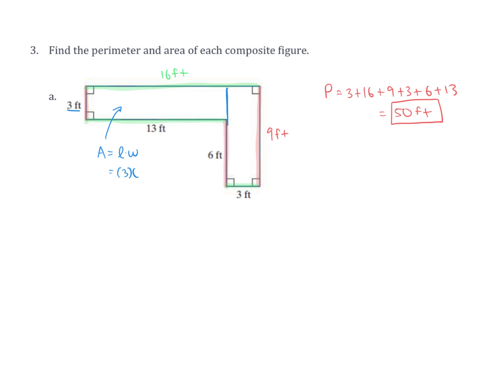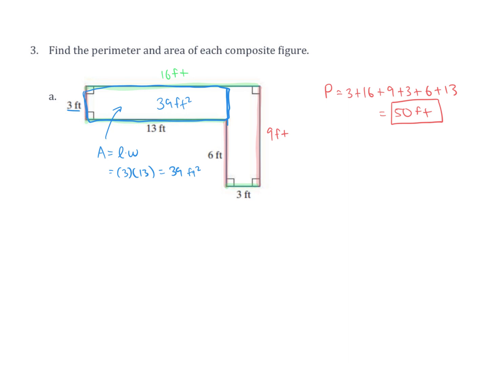Which of those is actually the length of the rectangle? I'm going to choose the 13, the shorter one, because this rectangle only goes to there. So 13 times 3 is 39 square feet for this part.